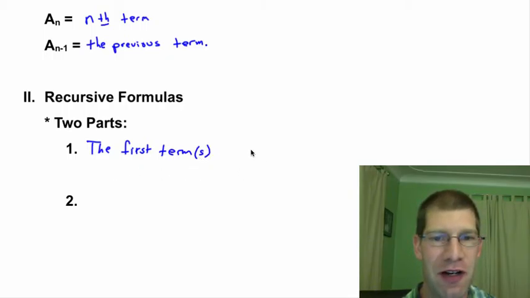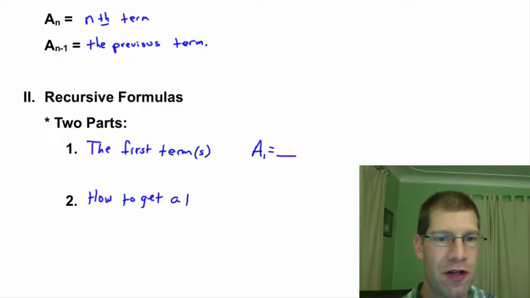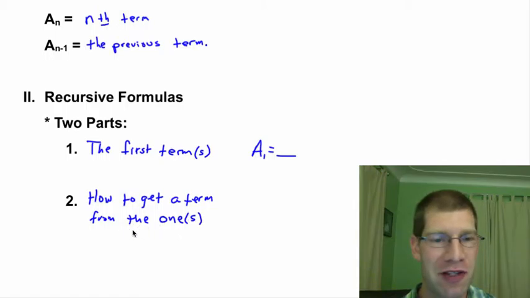But as you write one of the formulas, generally it's just going to be a sub 1 equals some sort of a number. And then the second thing is going to be how to get a term, how to get a number from the one or the ones before it.